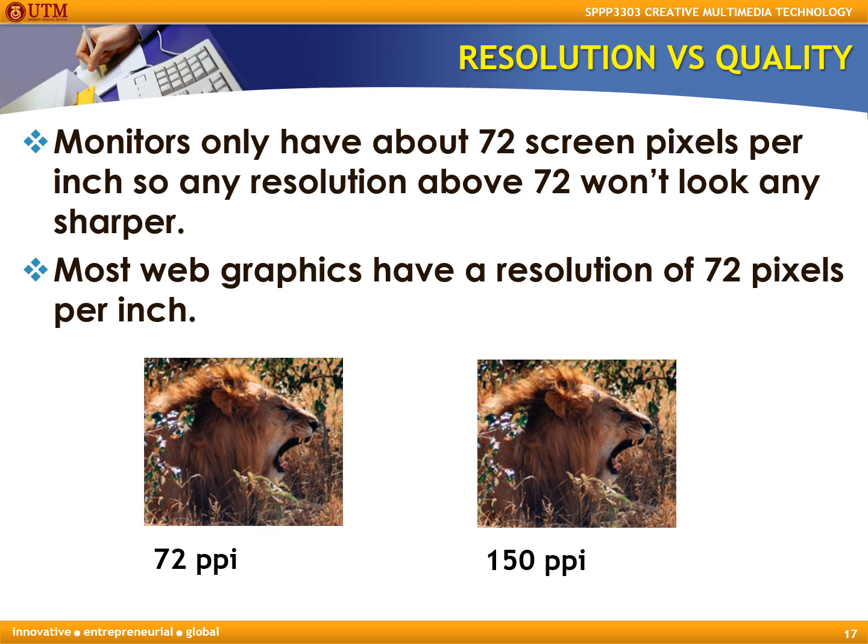If the PPI is more than 72, it is not going to make a big difference, because this is the limit of the screen we are dealing with. As you can see, 72 ppi and 150 ppi look the same.